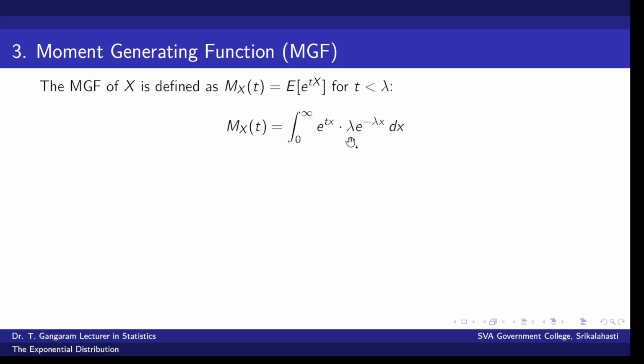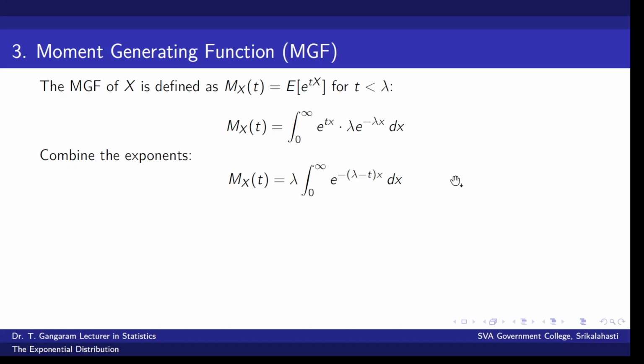F of x is lambda e power minus lambda x. Combining the exponent terms, taking x common, we get e power minus lambda minus t, into x dx.